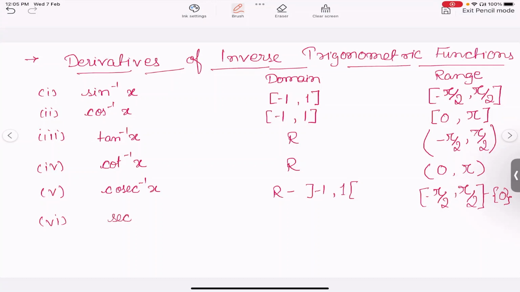The next is sec inverse x, which has again the same domain, and the range will be from 0 to pi, excluding pi by 2.